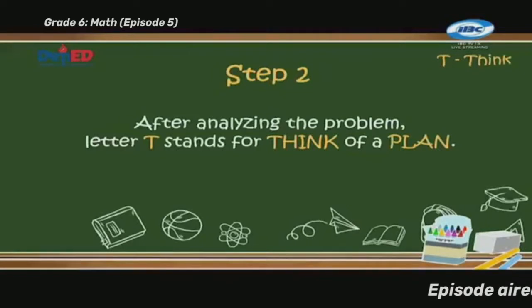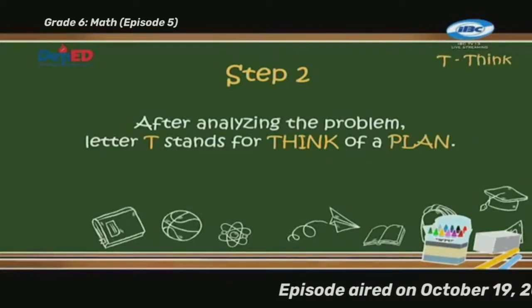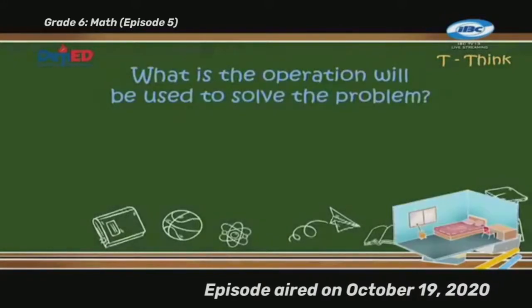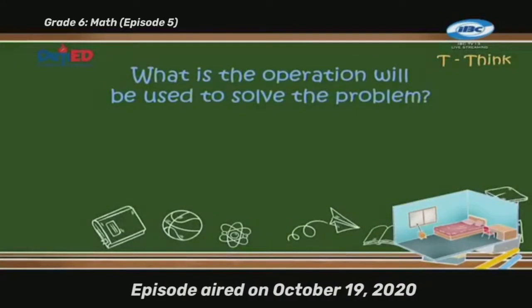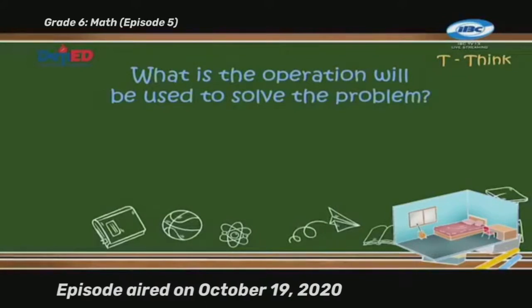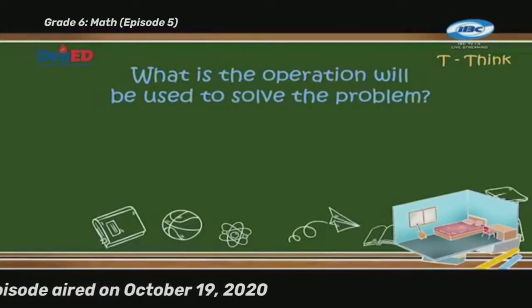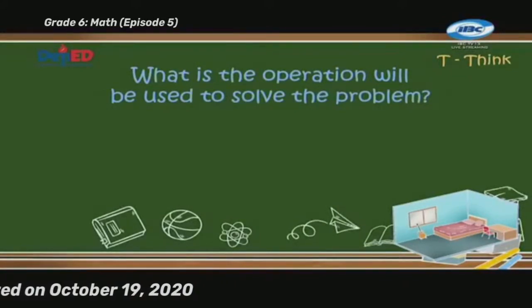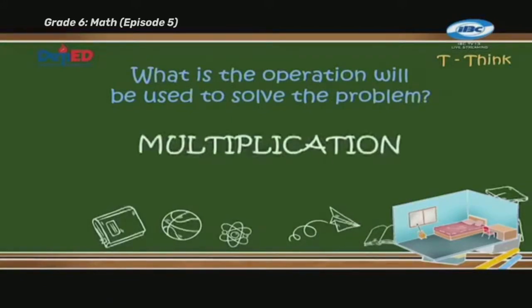In thinking of a plan, these 2 guide questions should be considered. First, what is the operation will be used to solve the problem? Exactly. From the keyword area, which means you are going to multiply the length and the width. Therefore, the operation is multiplication.